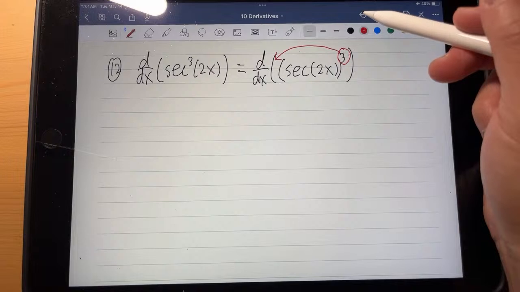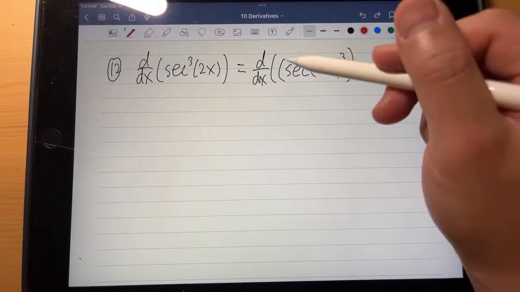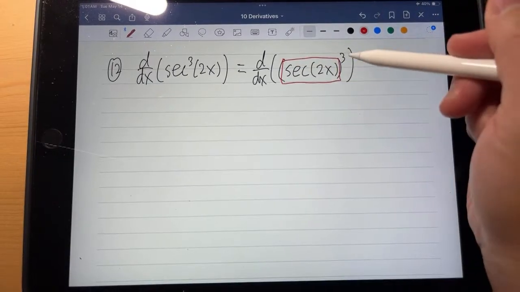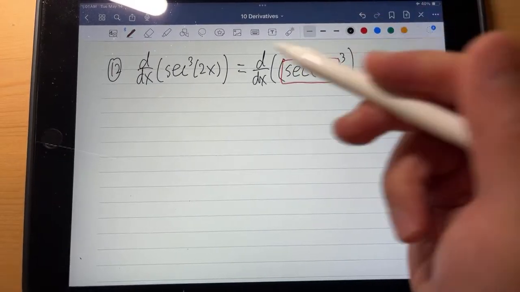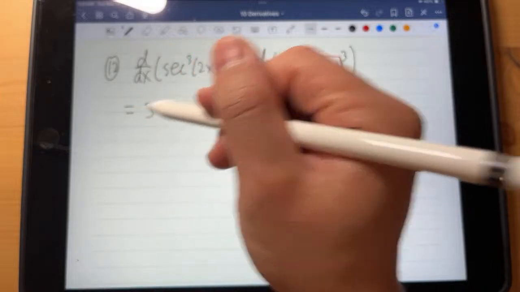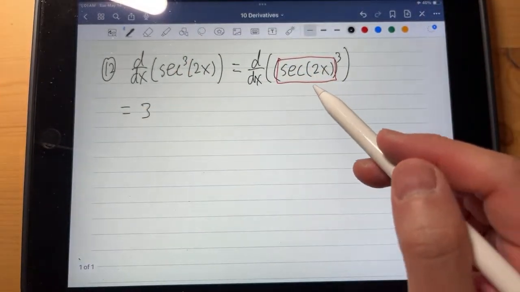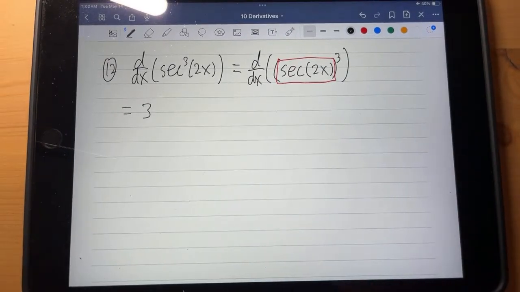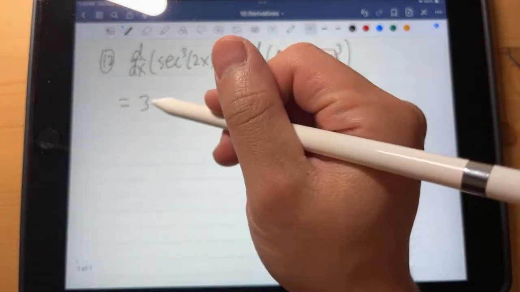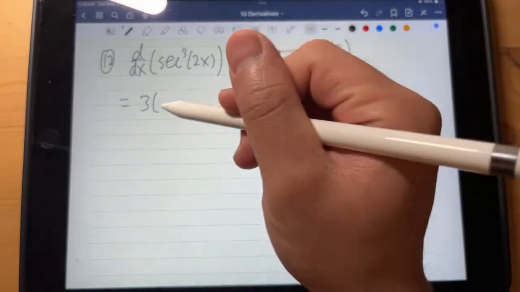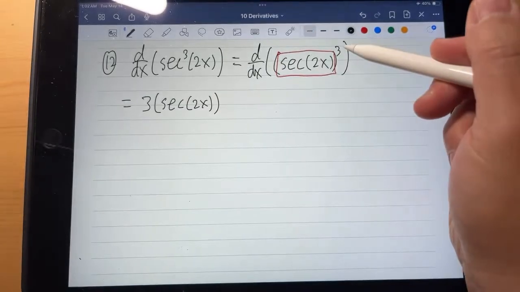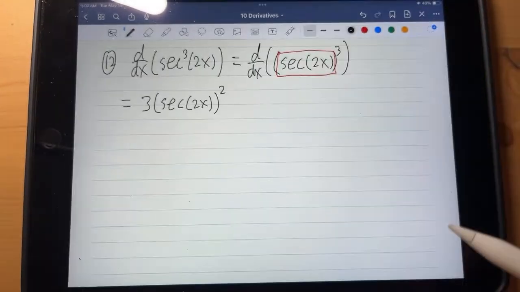You see that we have this box to the 3rd power, so bring the 3 to the front and minus 1. So we get 3, and we keep the same box. But when you write down the final answer, do not put down the box. Write down parentheses, and then write down the inside, which is secant of 2x. And then remember, subtract the 1, so we have the 2nd power.